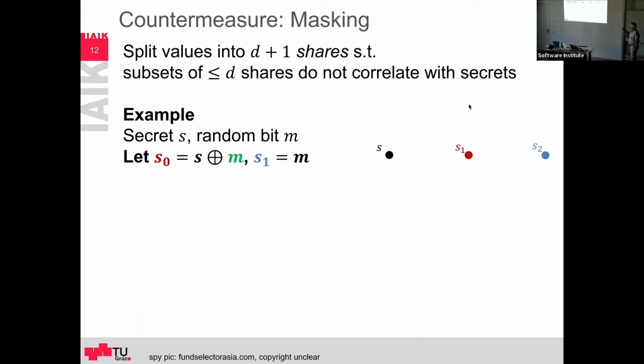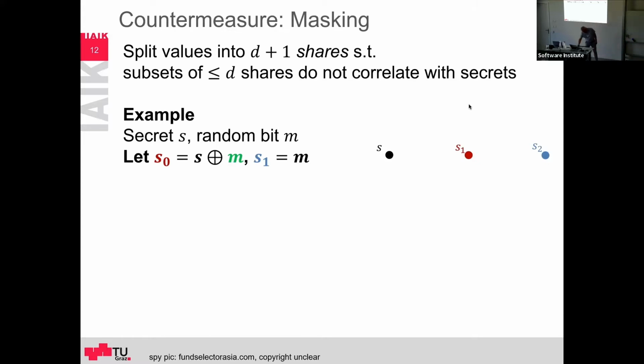So this is our standard setup. Start with my secret S. S0 is the XOR of the secret and a random mask, a uniformly distributed number, 0 or 1. And S1 is just the random number.